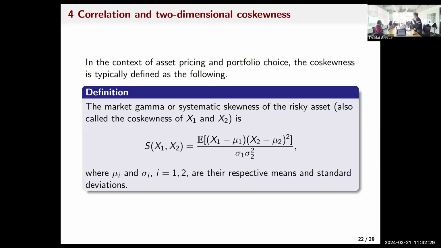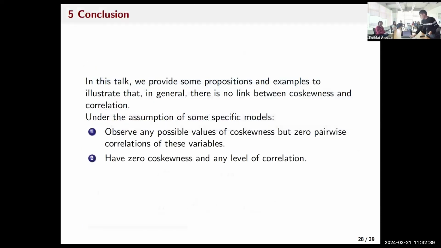I have one question. We considered that coskewness and correlations are not related, but does that mean we're not going to use it in the literature, or is there any way to use it? No, I don't mean that you cannot use it in the literature. As you can see in today's presentation, we use different models, different marginal distributions and copulas to get this result.